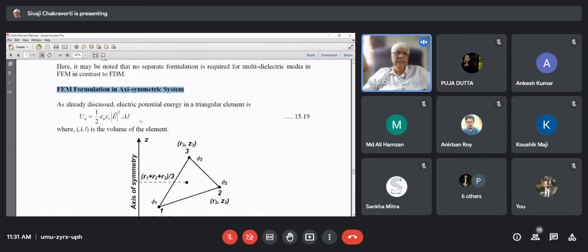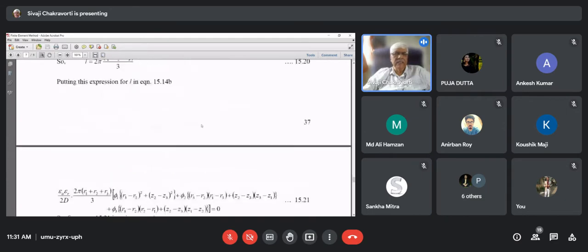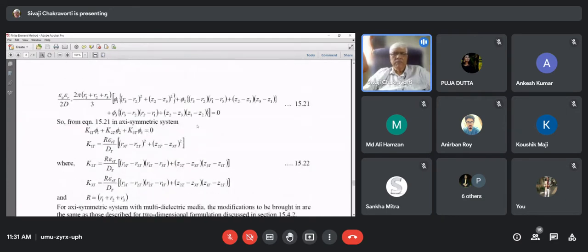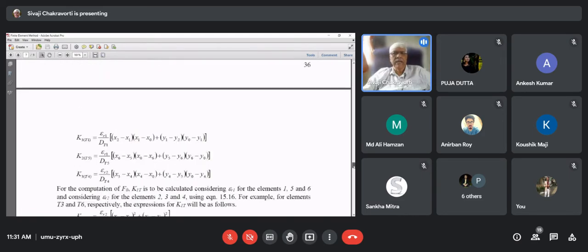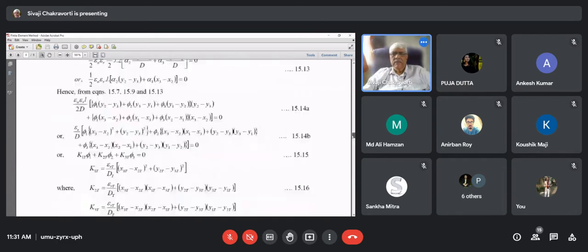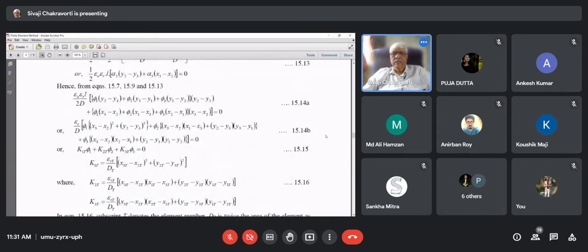But if the triangle is small in size, then you will get the volume quite accurately. Now, if that is the case, then in the derivation, if you compare the previous equation, that means 15.14b, again just slightly going back, look at it here, 15.14b.